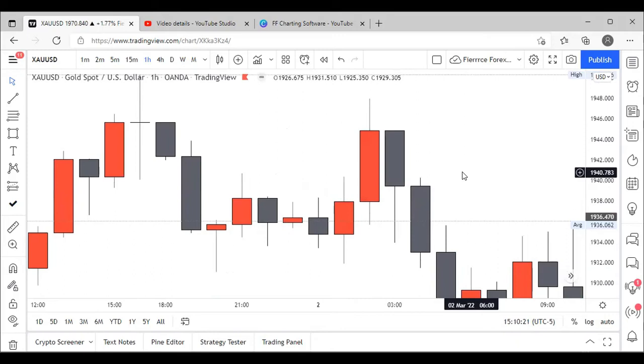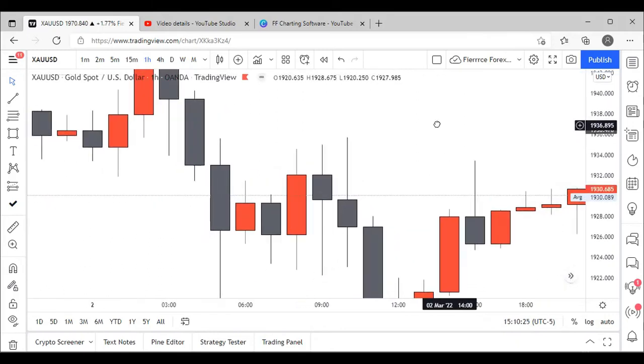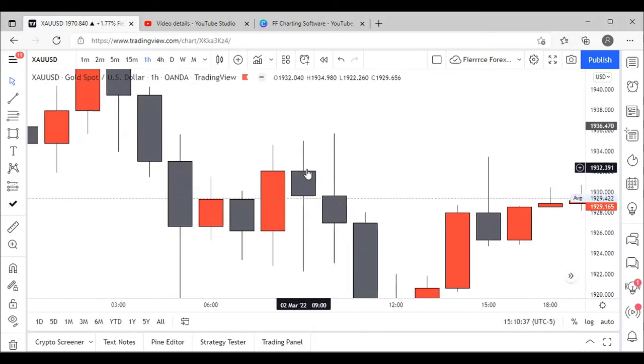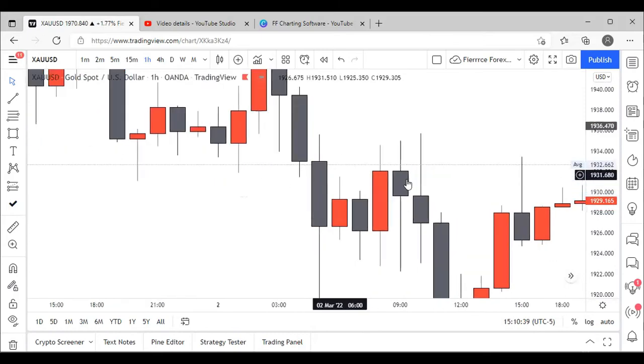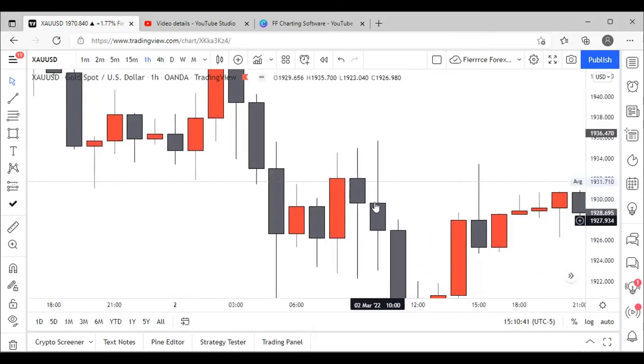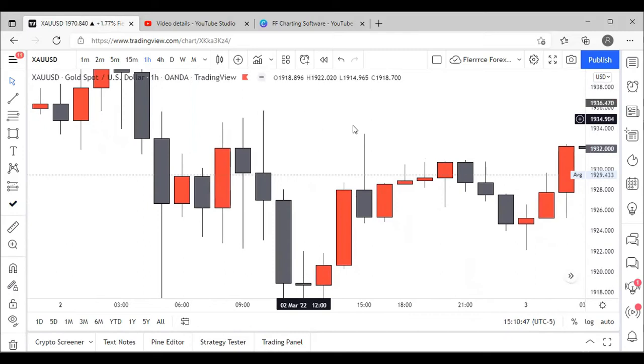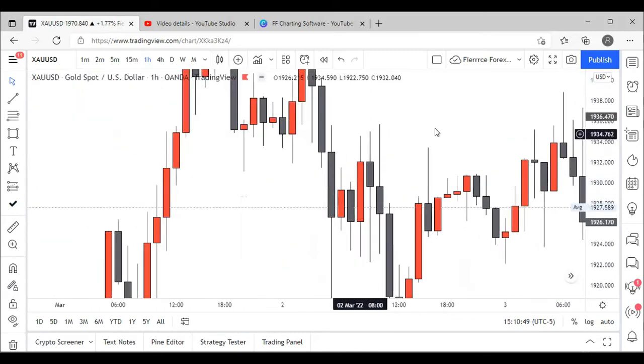Let's look for another one. We have this here. Perfect setup. Close above this candlestick. Wait, no, this is a bearish candlestick, and this is a bullish candlestick. So I want to look for a different setup.